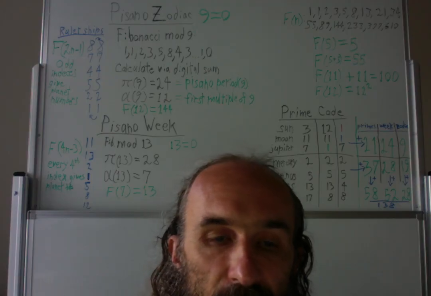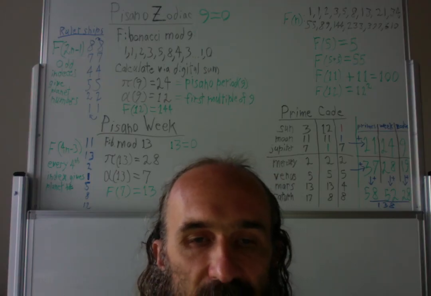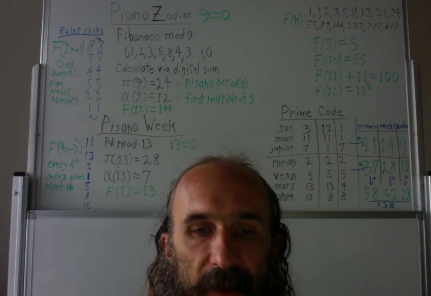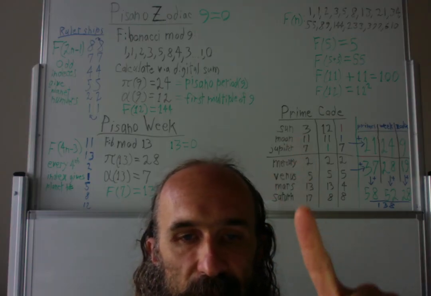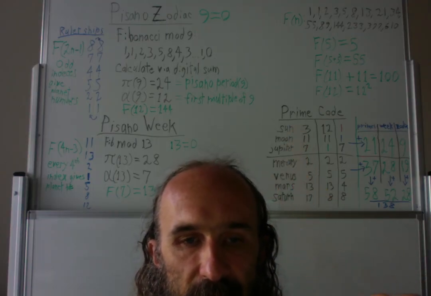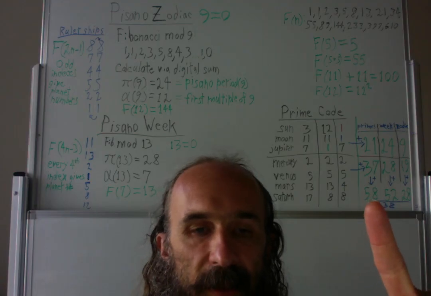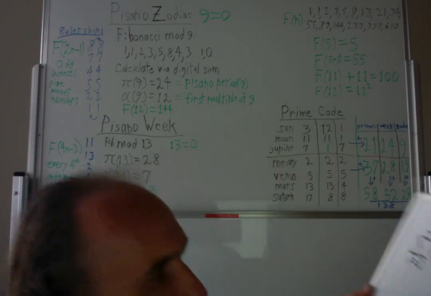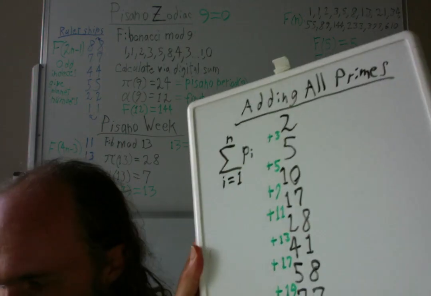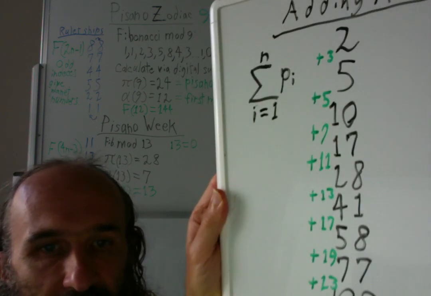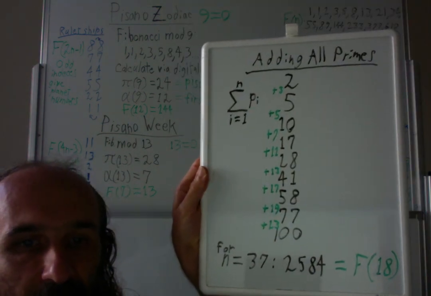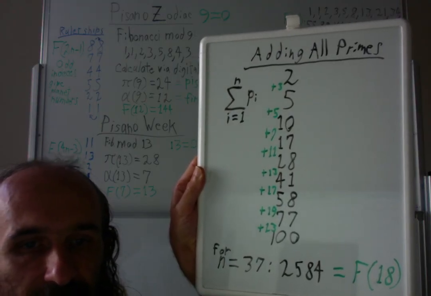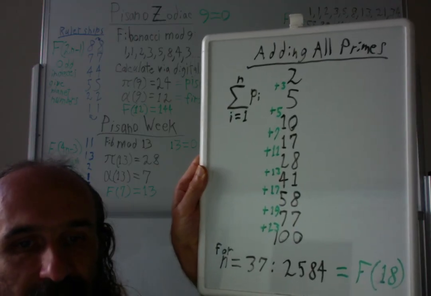So that brings me to the question of what happens when you add all the prime numbers together. Because if we look at this first column, this is just the first 7 prime numbers here, and so those first 7 prime numbers add up to 58. If we go a little bit further, here we are adding all of the prime numbers, and so we get 2, and then 5, then 10, then 17, then 28, 41, 58, 77, and 100.